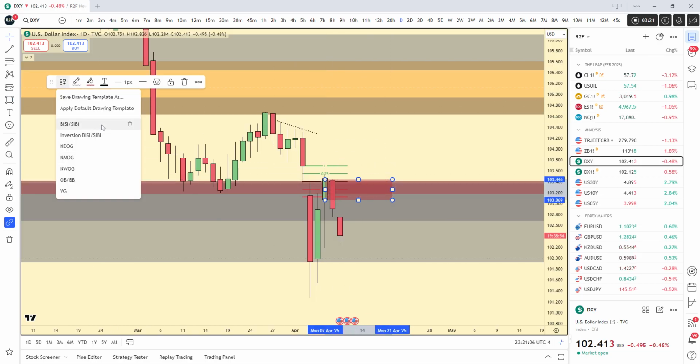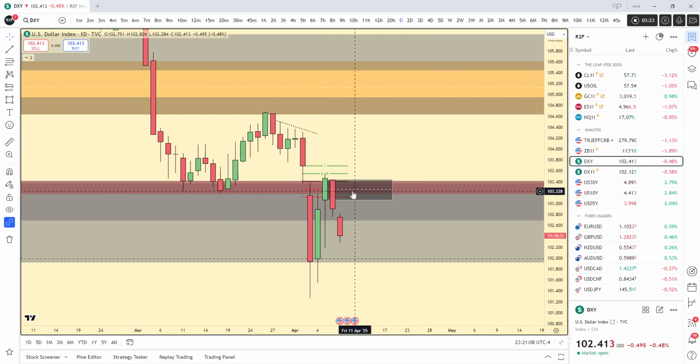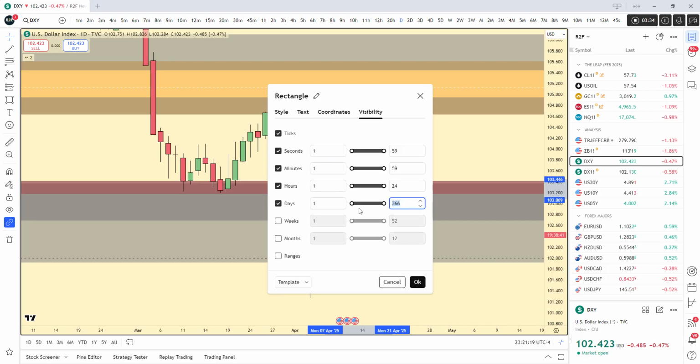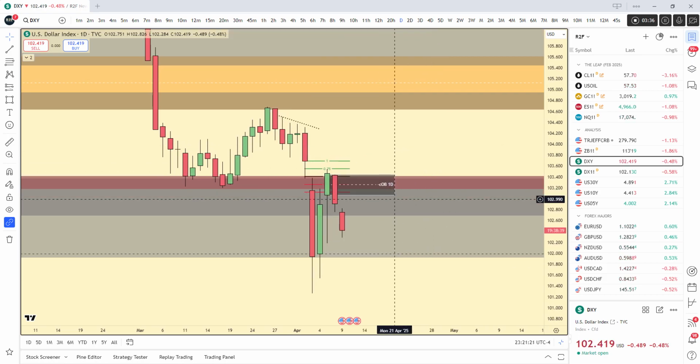Created this daily order block. So I would say it's a bearish candle, bearish order block on the 1 day. And I would hide it and keep it to the 1 day.